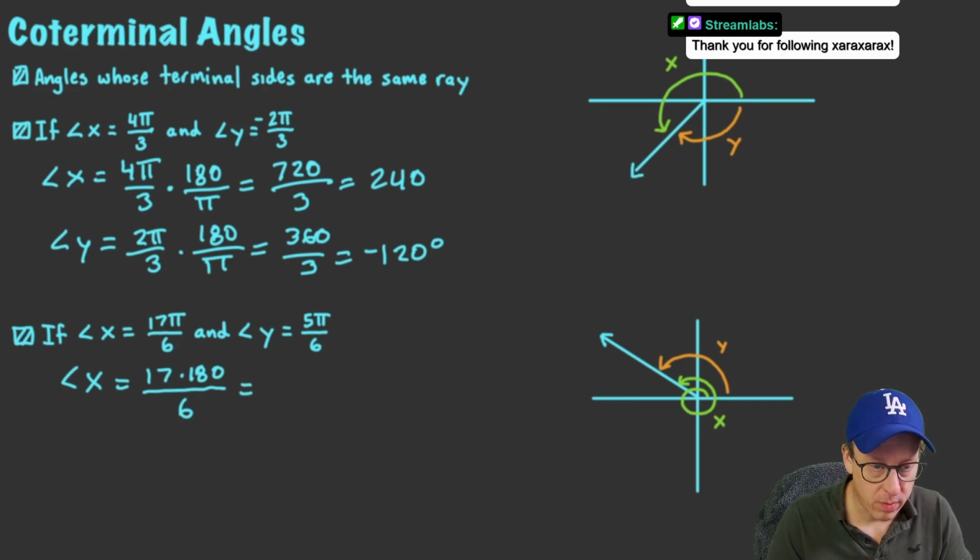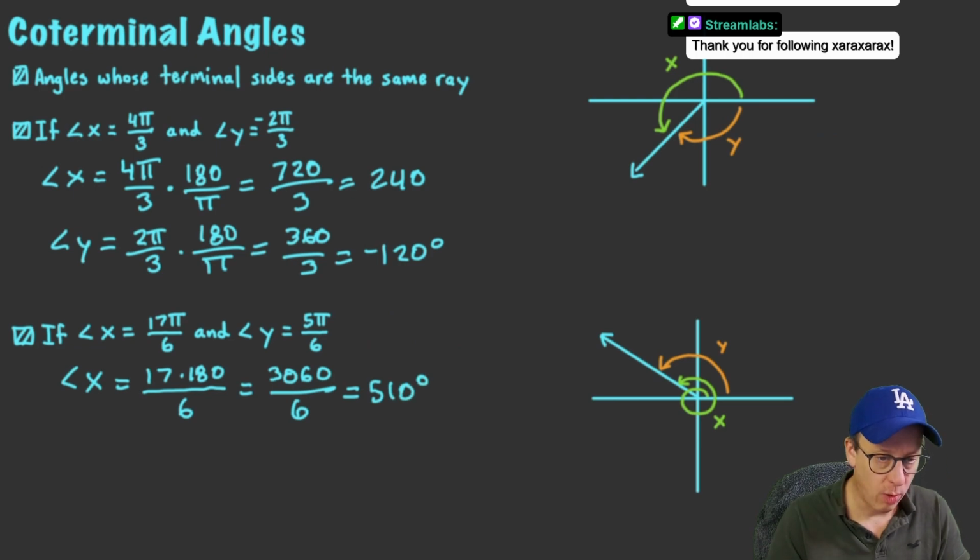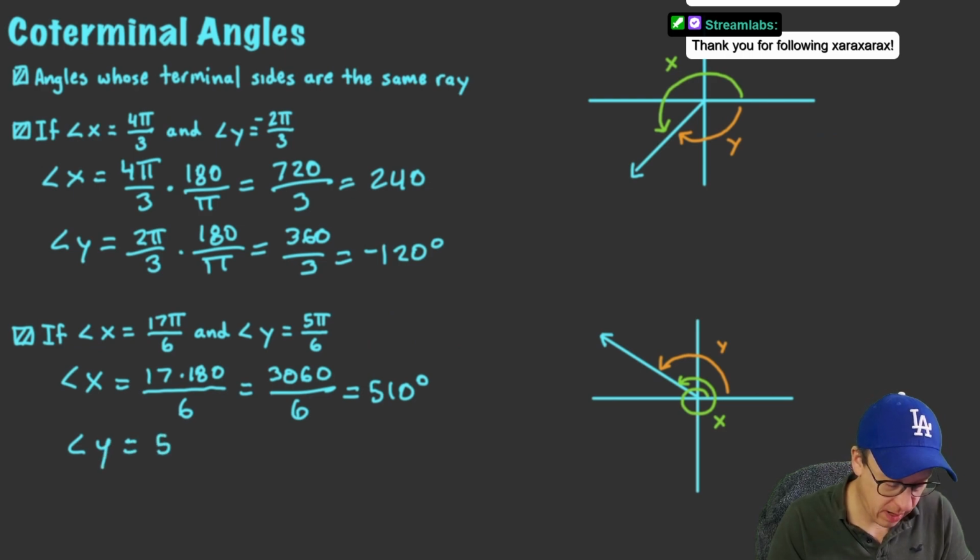This is then, of course, if we multiply this out, going to be 3060, and divided by 6, which is going to give us 510 for that angle. And for y, in this circumstance, this is going to be 5 times 180, again, divided by 6, which is going to be equal to 900, and divided by 6, which is going to be equal to 150.